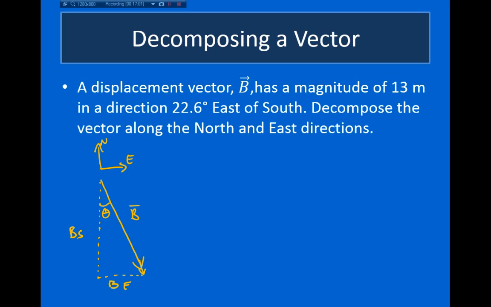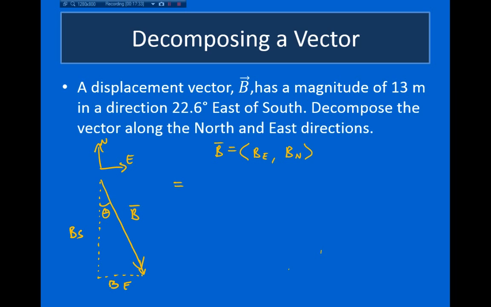Once again, we're going to use trigonometric functions to find the north-south and east-west components. Going with the same convention as before, we'll have the east-west first, B sub E, and then the north-south second, B sub N. I'm going to assume that the east direction is positive and the north direction is positive. The east component is opposite the angle theta, and opposite over hypotenuse is sine.